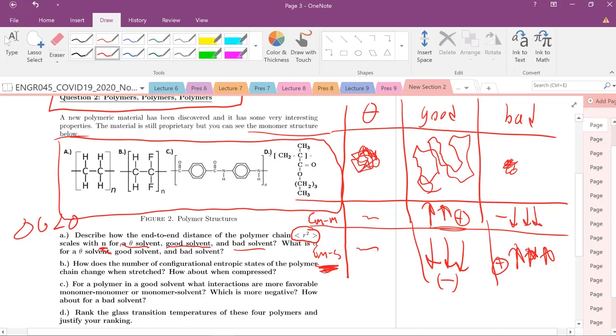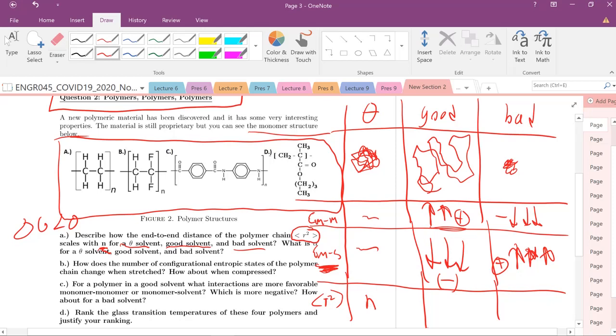So how would we expect this to scale? We see it schematically here. The good solvent is going to have the largest mean squared end-to-end distance, the bad will be the smallest, and the theta will be in between. For a theta solvent, the mean squared end-to-end distance is going to scale as N. And this is in the notes.